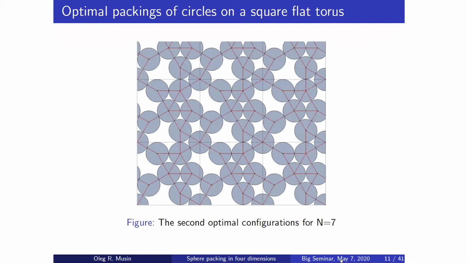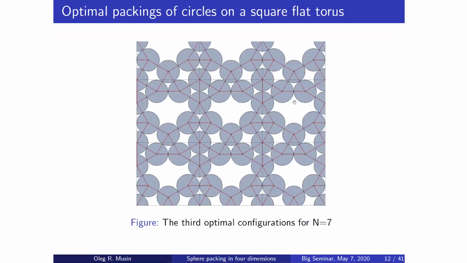This one is like a normal packing, but of course there is some gap. However, it is a maximum, I mean the optimal packing, and the third one is not saturated, because there is enough room to place one more circle.